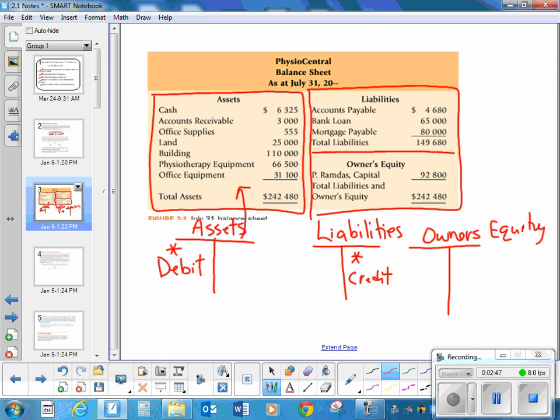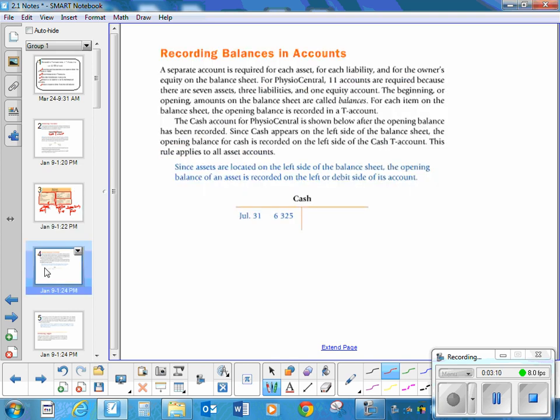Same with owner's equity. They're going to have normal credit balances. So every asset, if we are gaining money, we're going to put the amount on the debit side. Liabilities, anything we owe, we're going to put the amount on the credit side, and owner's equity, anything that we are worth, is going to go on our credit side as well.